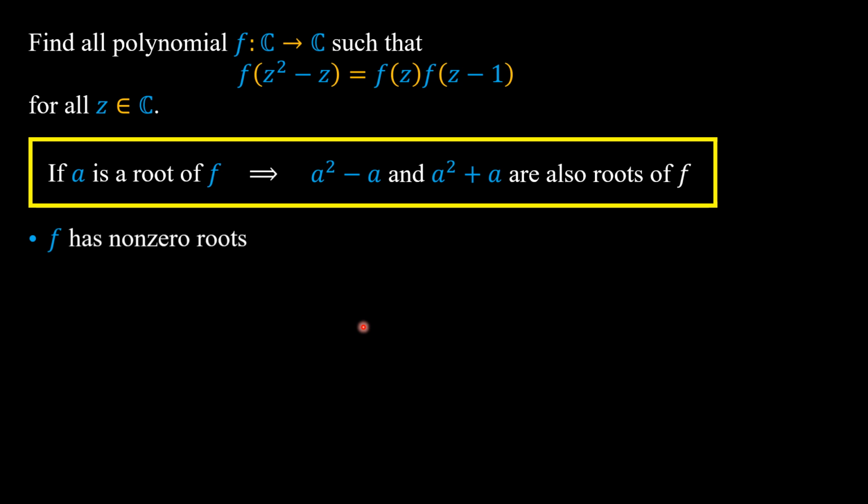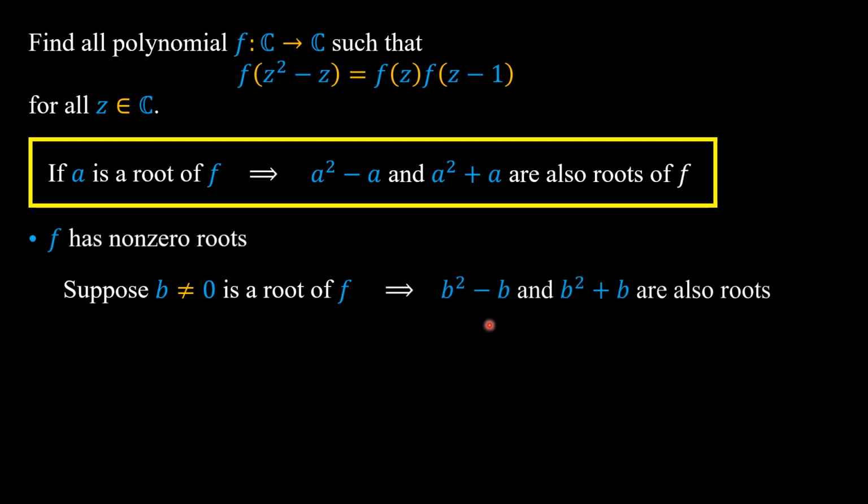For the first case, suppose that b not equal to 0 is a root of polynomial f. By the statement inside the yellow box, we have b^2 - b and b^2 + b are also roots of polynomial f.